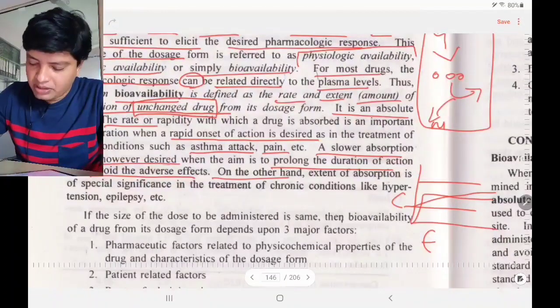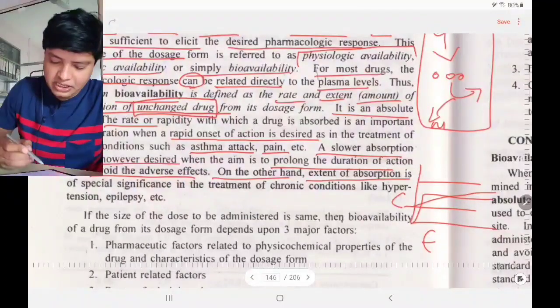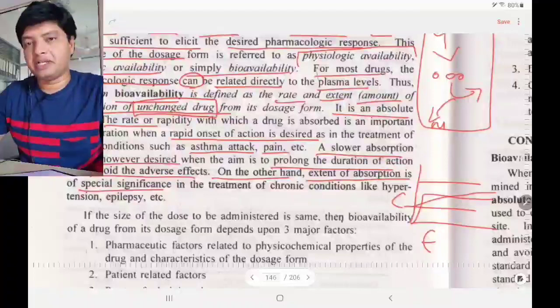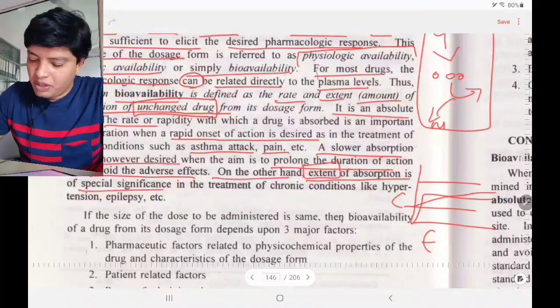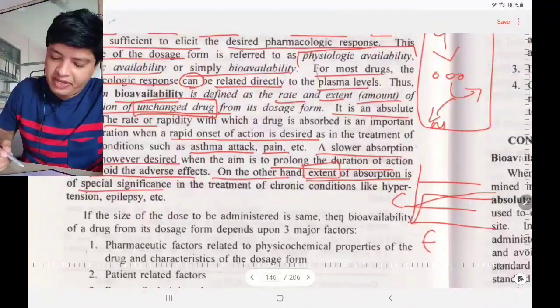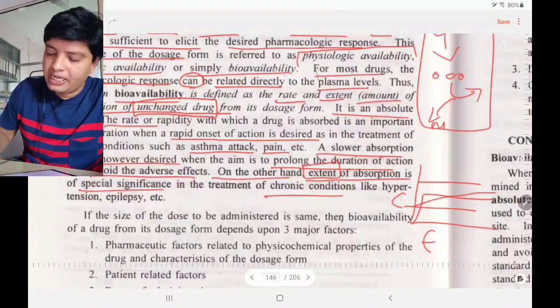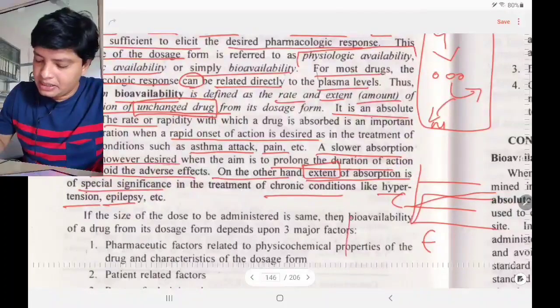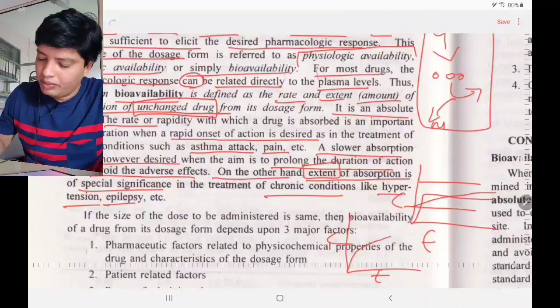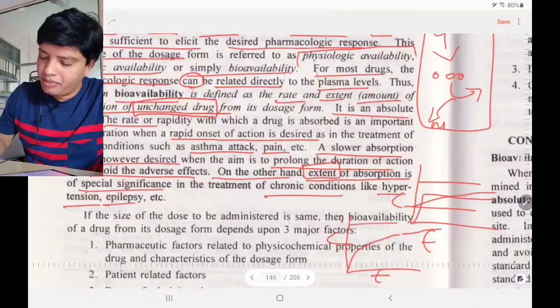On the other hand, the extent of absorption is of special significance in treatment of chronic conditions like hypertension and epilepsy. What do I mean by that? In epilepsy and hypertension, I want the drug to keep on absorbing.